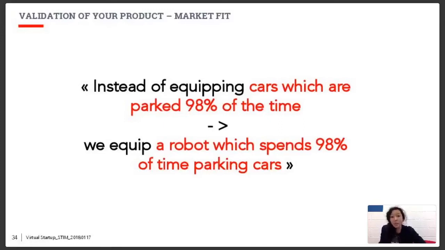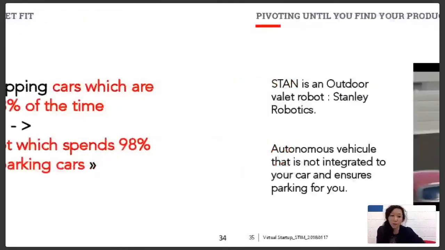So what if we don't equip the car with an integrated solution, but we develop a new autonomous solution which will spend 98% of the time parking cars. So imagine you identify these types of partitions thanks to your reasoning and the learning with CK. And instead of developing a particular solution, you actually decide to develop a robot that is going to deal with your cars on the parking lots.